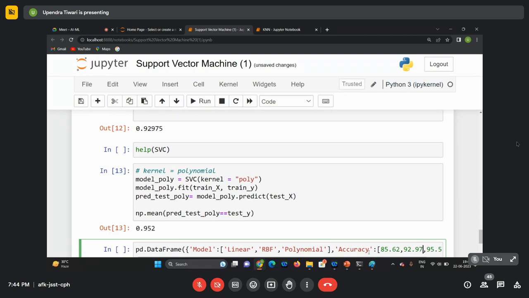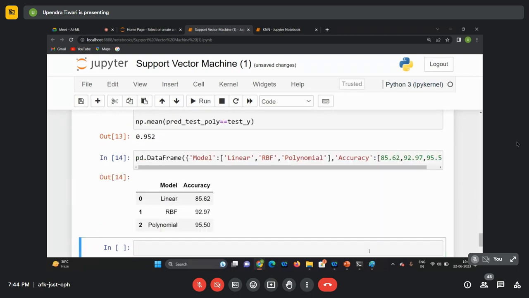Okay, so when I visualize it, you see. Out of this, what do you think, friends? Which model is the best model? Polynomial, sir. Polynomial, because it is giving us 95.5% accuracy. Yeah. So in this way, we worked with the support vector machine.